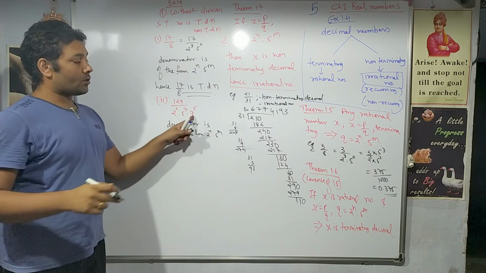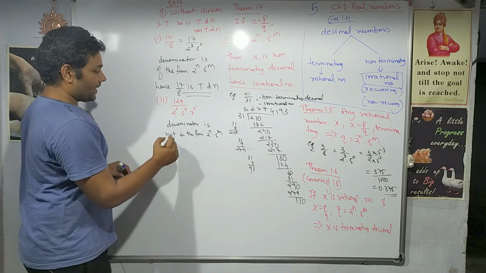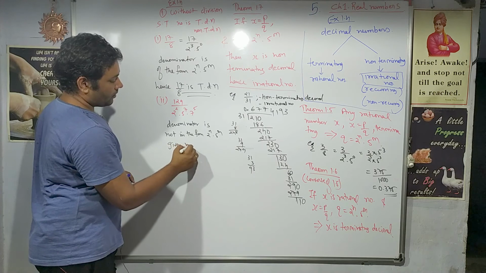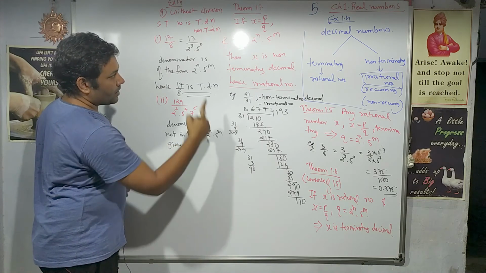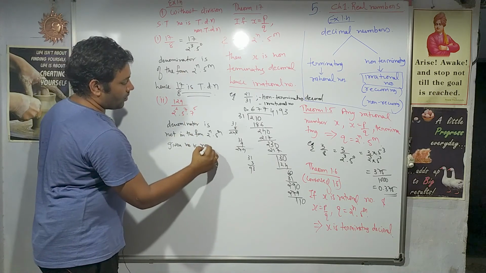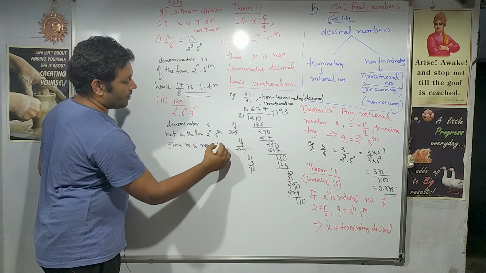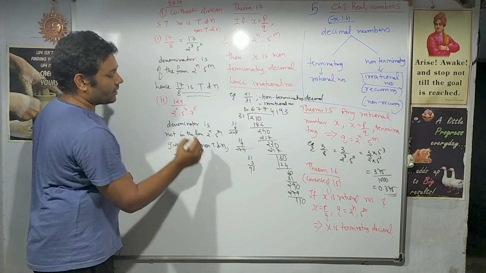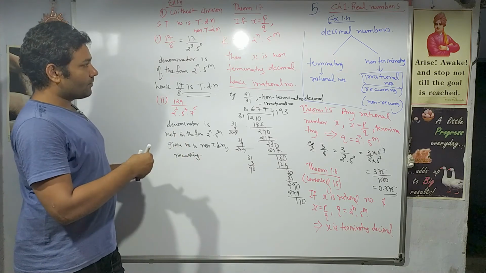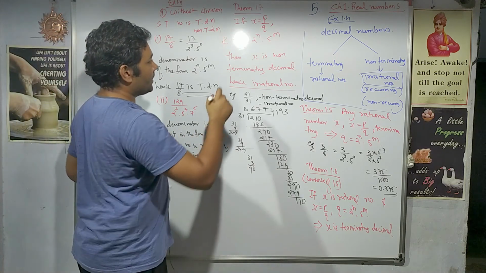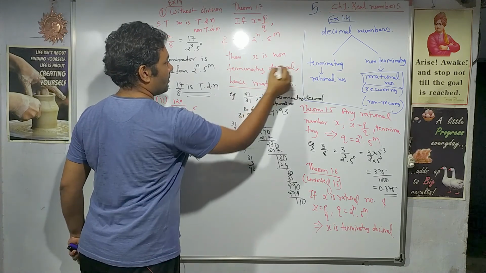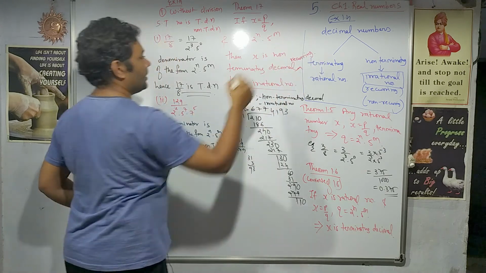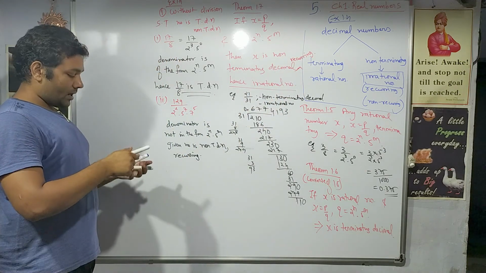We also have some additional number, so we can say that the given number is a non-terminating decimal number with recurring nature. It will be in recurring nature for sure. Here we can add terminating, non-terminating decimal, and also it will be recurring in nature. For sure it will be recurring in nature. So that is what the answer is.